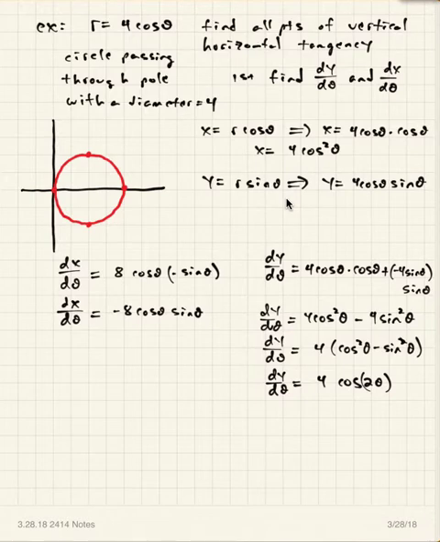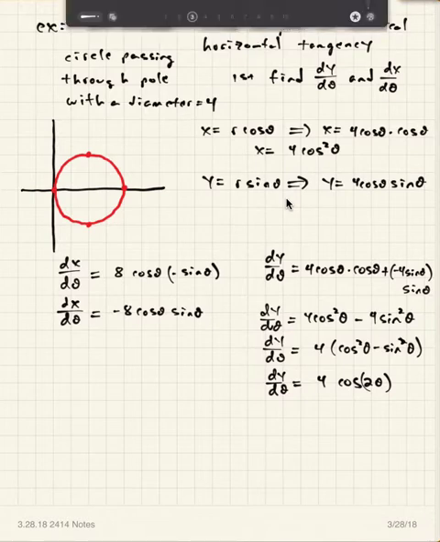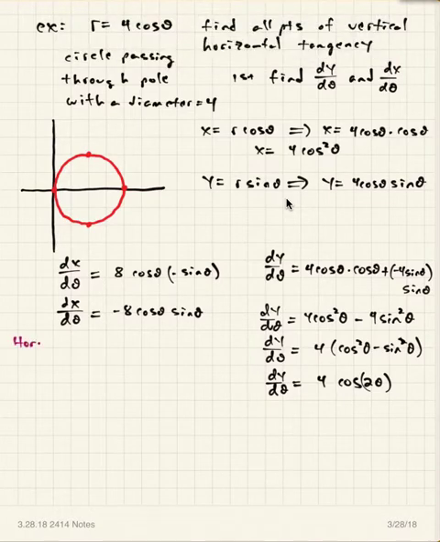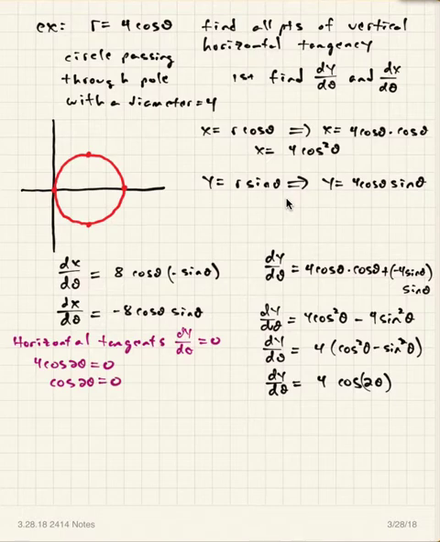All right, so if we're looking for horizontal tangent lines, let me go ahead and put this in a different color so it kind of stands out a little bit. So horizontal tangent lines, recall that that's where, with respect to the parameter, y stops changing. And so the horizontal tangents would be where dy d theta is equal to 0. So what we do is we set 4 cosine of 2 theta equal to 0, which gives us cosine of 2 theta equals 0.